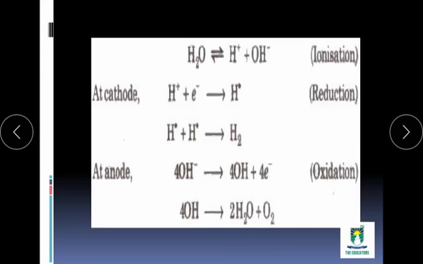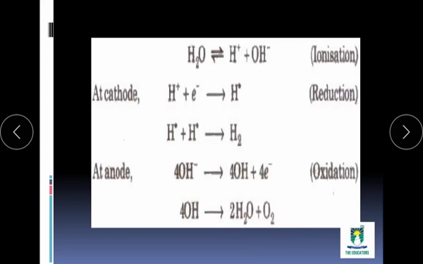On the other hand, OH negative will move towards the anode, and keep in mind that at the anode oxidation always occurs, and oxidation means loss of electrons. So here electrons are being lost from this OH, and this OH will be converted into water plus oxygen gas.